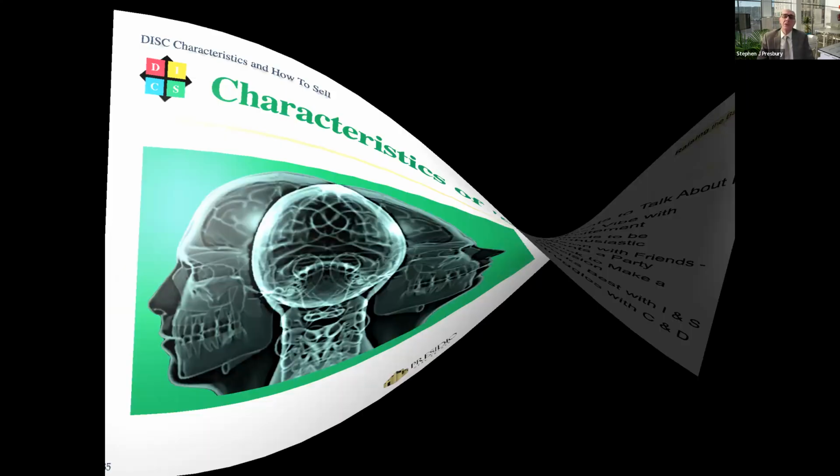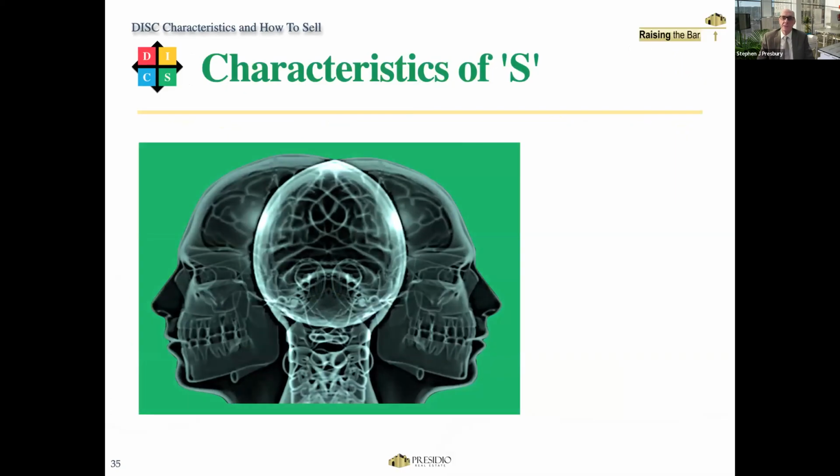All right. Let's move on to the S's. Characteristics of an S. Let's see who I've not heard from in this one. I think everybody spoke here just about. Yeah, I think we've probably got everybody. Jay, can you hear me? Did you want to chime in on this one? Jay's been a realtor for many years.